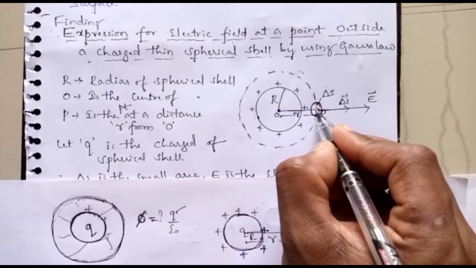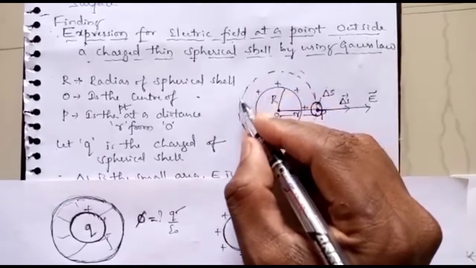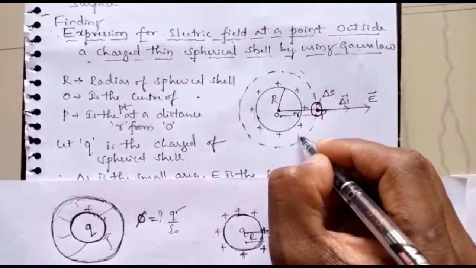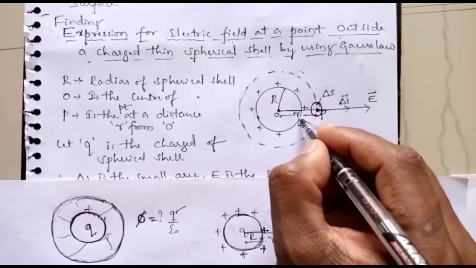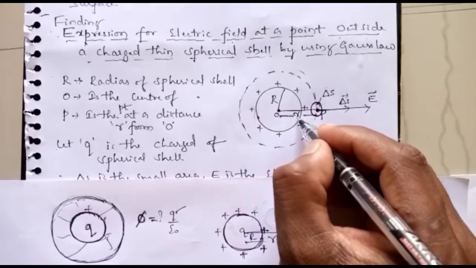Therefore at this point we have to take a Gaussian surface. This Gaussian surface is at distance r from the center of the spherical shell.